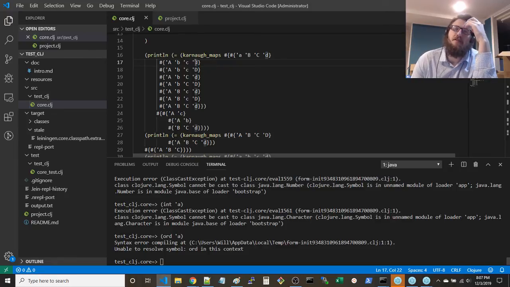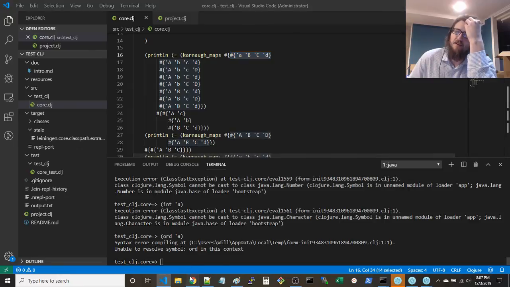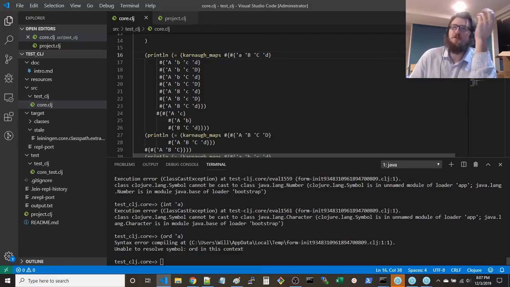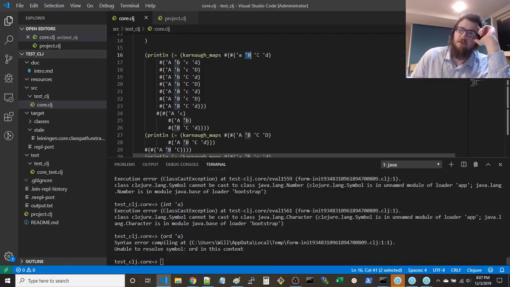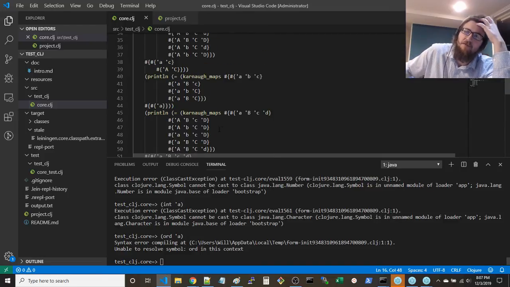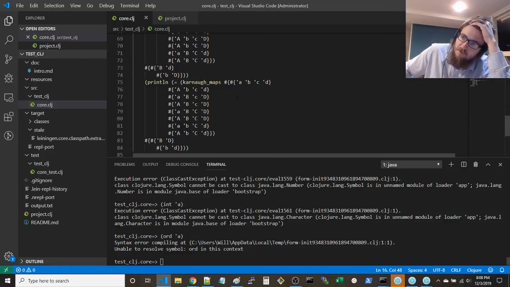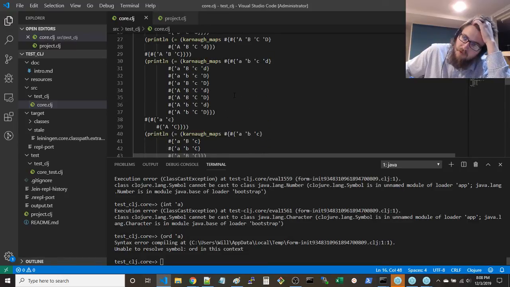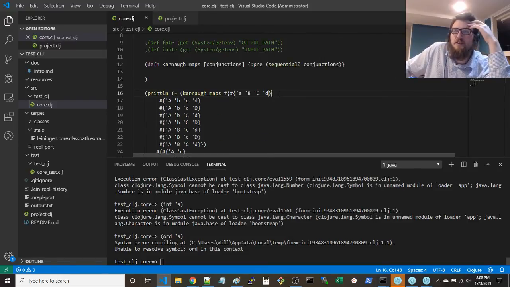I could just define this to only work on 26 characters, 26 symbols, and just take the count of the first set and go from there and generate the symbols based on the count. Right, so if there's 4 symbols, we know it's going to be little a, big A, little b, big B, little c, big C, little d, big D. And that'll be sufficient for these cases also. I mean, I probably don't have to go further than that. If the use case required more than that, then I guess I would code for more than that, but I guess this is simple enough.